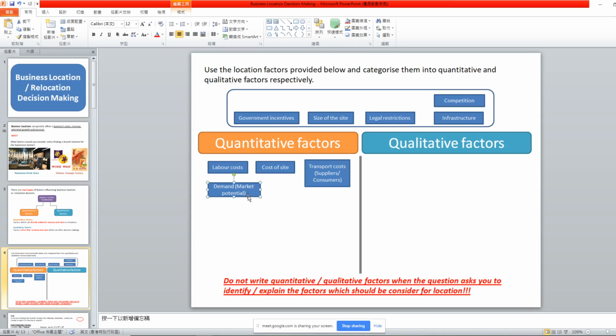But here's the thing. When you are opening a bubble tea shop, of course you want to find a place where you will have a bigger market potential. But when you are opening a factory, what are you going to consider in this factor?